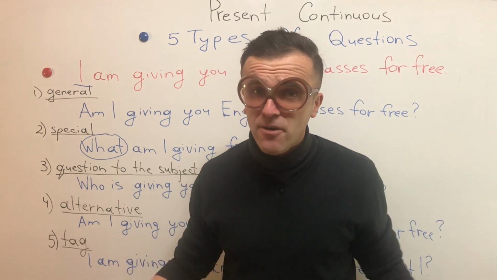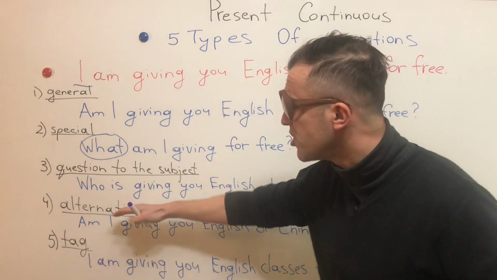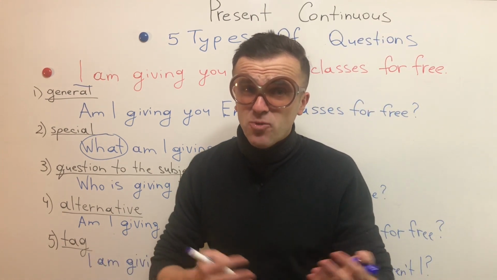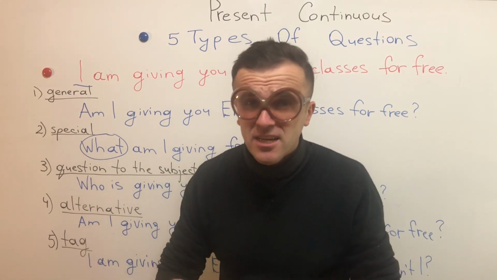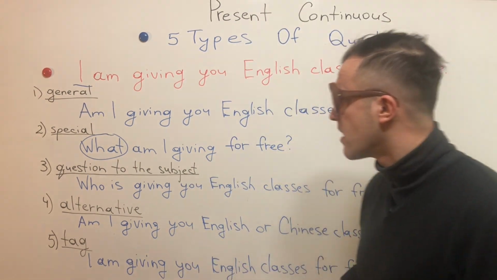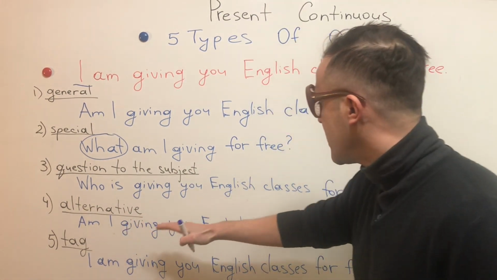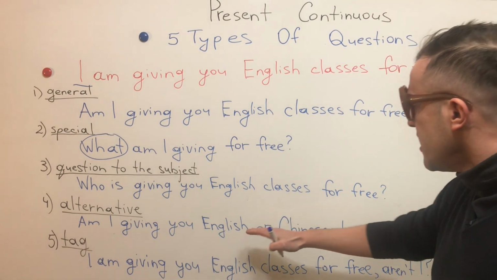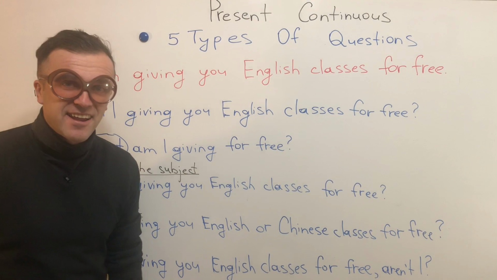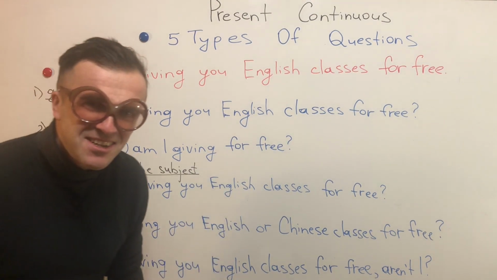Okay, the next type of questions is alternative. An alternative question is such a question when we have a choice. When we have an alternative. We can choose. So, am I giving you English or Chinese classes for free? Is it Chinese, guys?